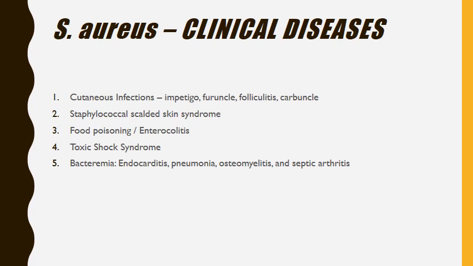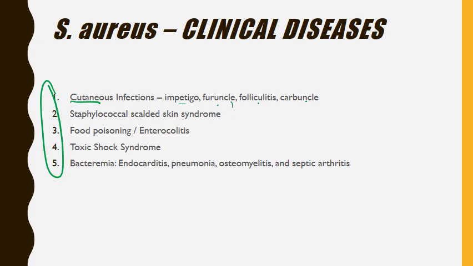Okay, so Staph aureus basically causes one of 5 distinct diseases, depending on the toxins it has and how it is introduced to the host. So the 5 diseases: you can have a localized cutaneous infection, which will look like impetigo, furuncle, folliculitis, and carbuncle.